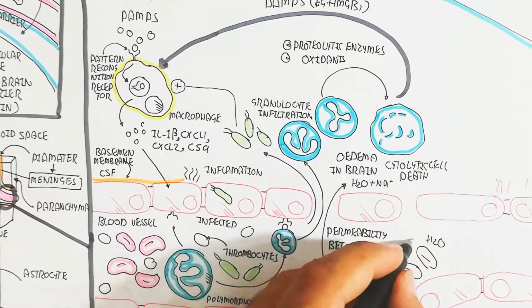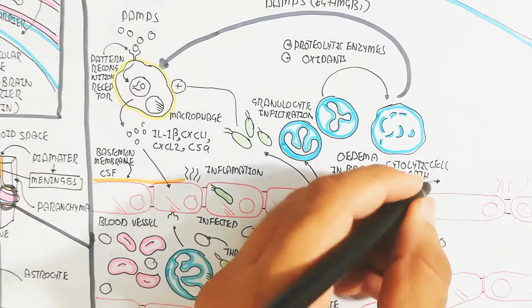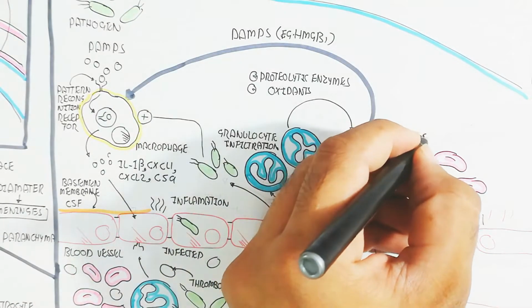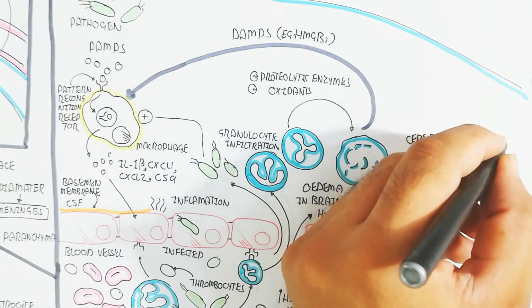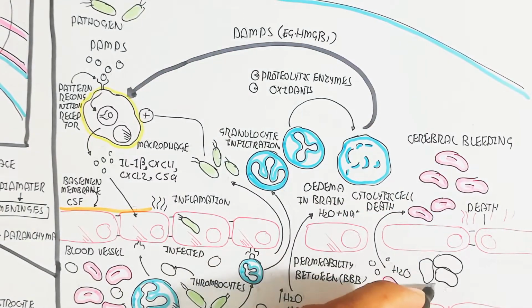Cerebral bleeding will also be caused by the leakage of blood. RBCs will enter the cerebrospinal fluid, causing shock, more edema, and brain hemorrhage, and there are a lot of other things.